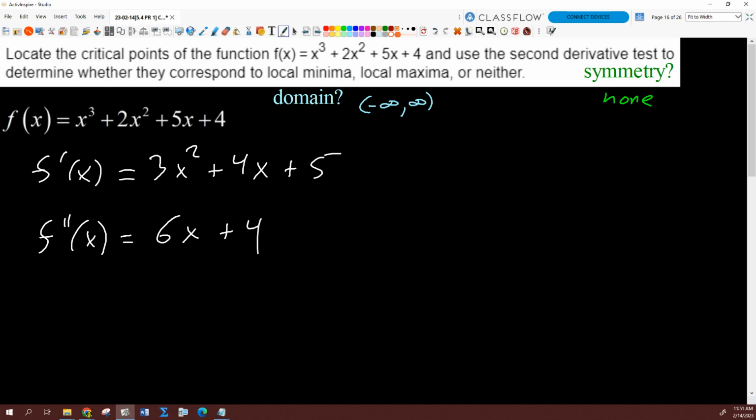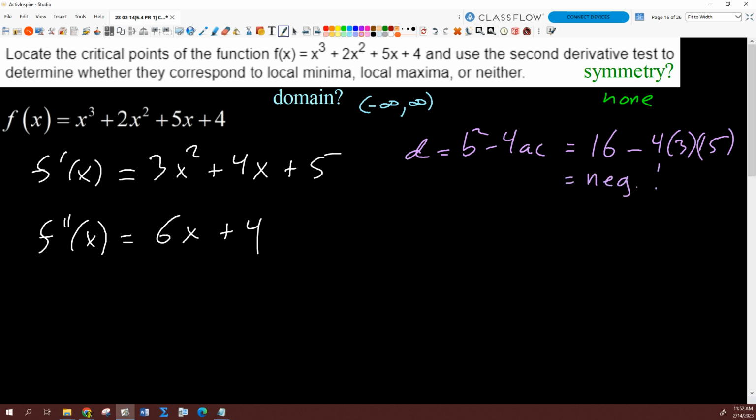We'll just check D, the discriminant, b squared minus 4ac. In this case, we're going to get 16 minus something big, because it's 4 times 3 times 15. I don't even need to know what that is. I just need to know it's negative, right? So I get no zeros.